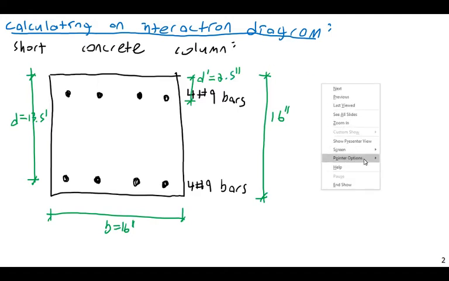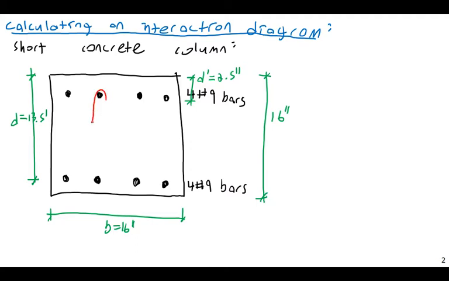And I'll go ahead and show it, but it's not going to be important to this problem. We would also have some confining reinforcement or some shear reinforcement here, depending on your perspective. Maybe you have one tie here. So this is not going to be critical for this problem, but I'll go ahead and show it.